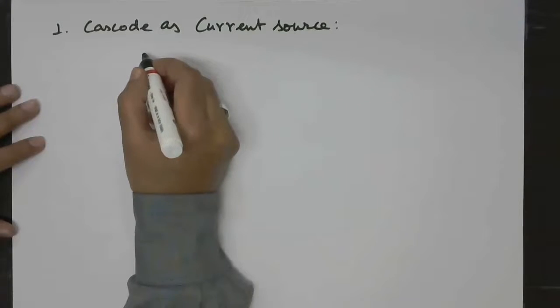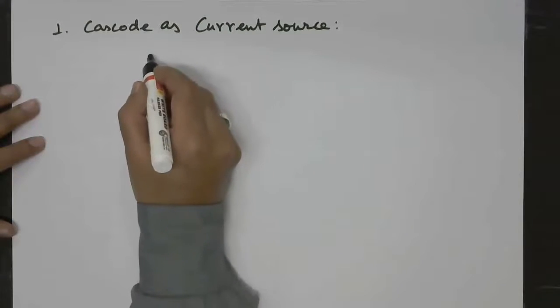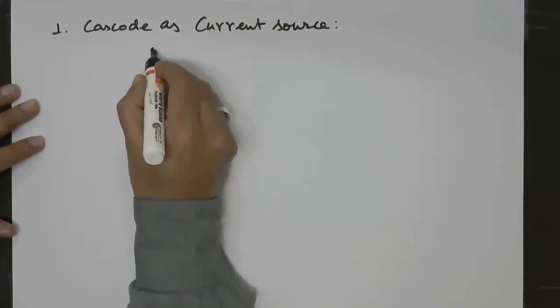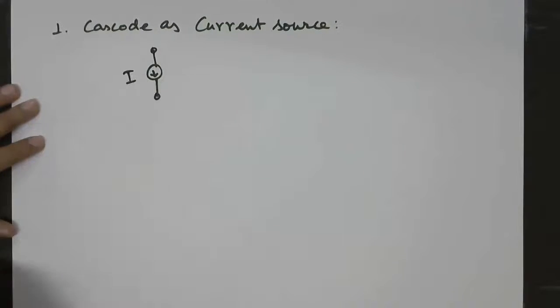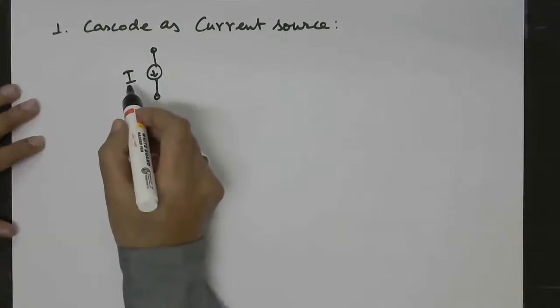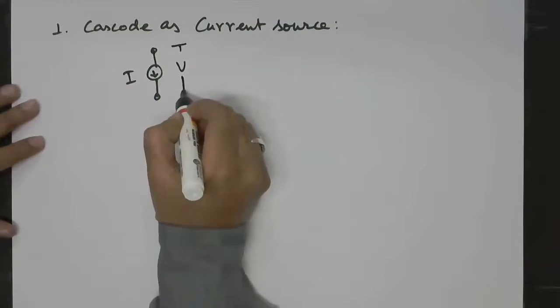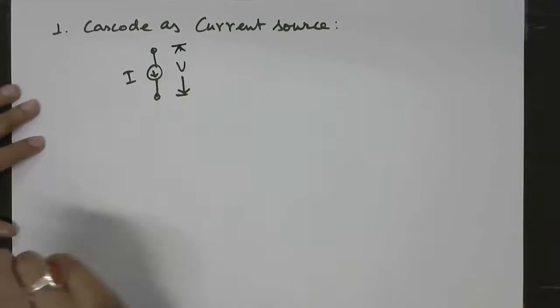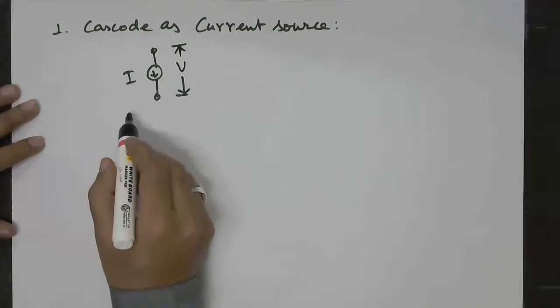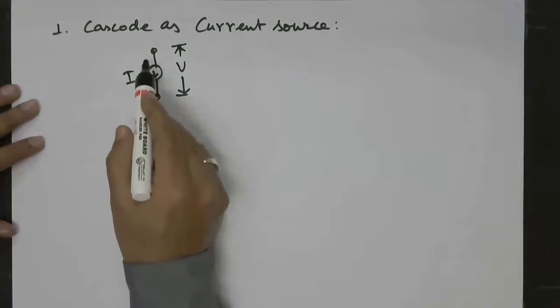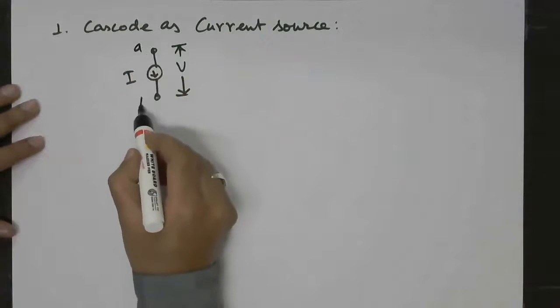So what we want from a current source is ideally this kind of model. Here the current is independent of the voltage across the node, and the impedance is infinite. If you see the impedance between node A and B, it will be infinite.